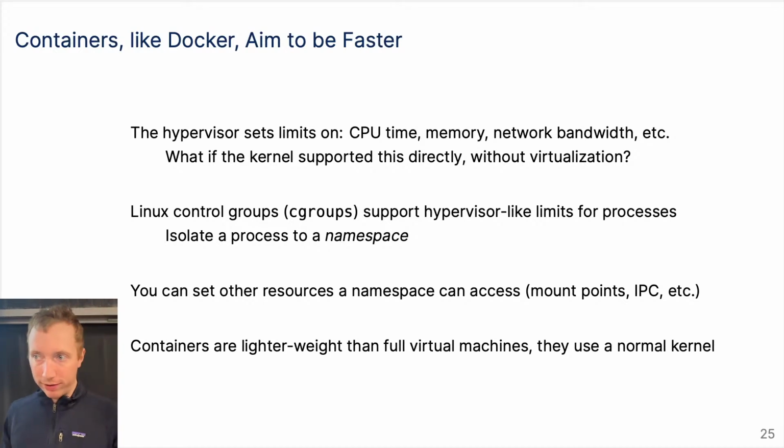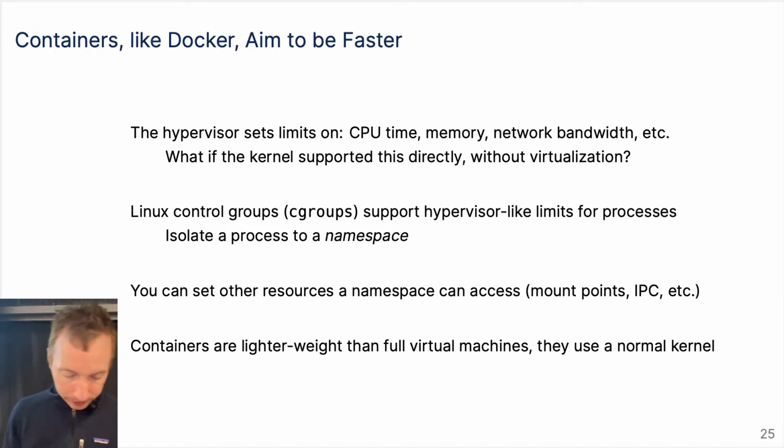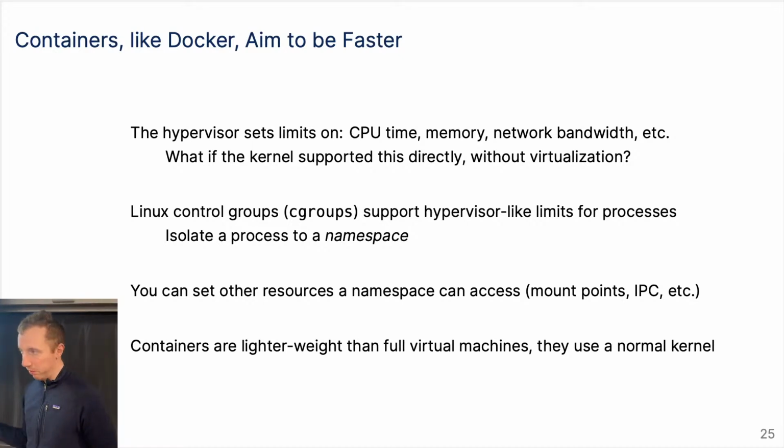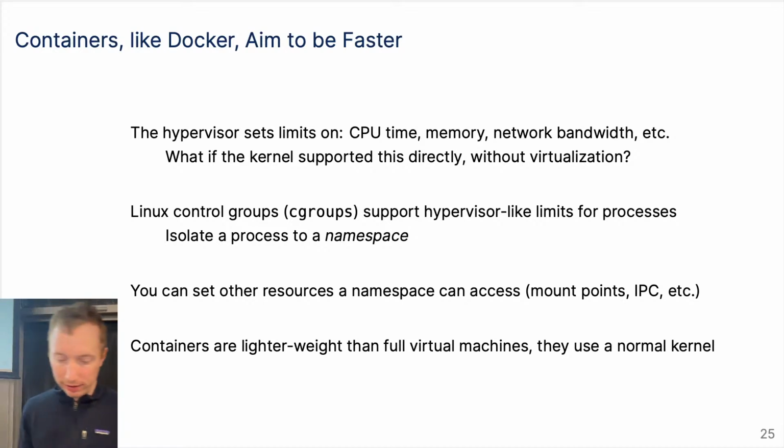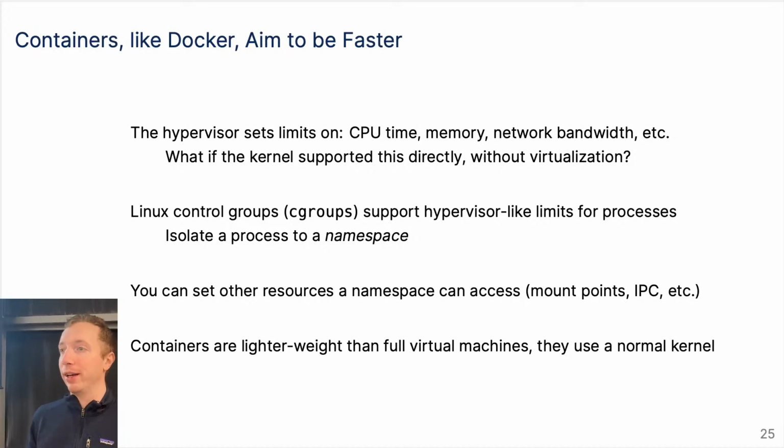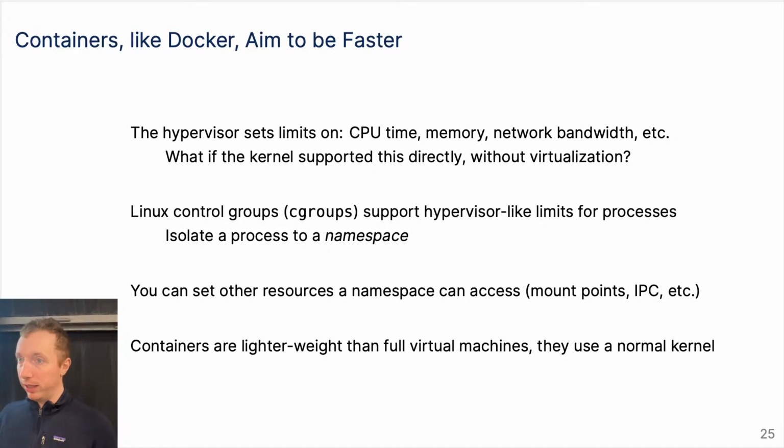In Linux, they're called control groups, or cgroups, and they support these features for normal processes. You can also share other resources like files on the system, or even inter-process communication. Containers are trying to give you the nice benefits of having a full virtual machine, but instead of each having its own kernel, they share the same kernel and get all the same benefits.